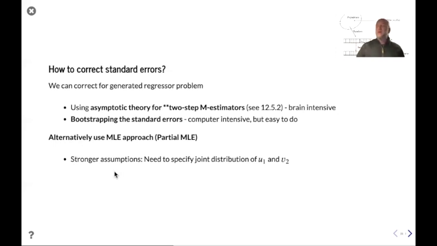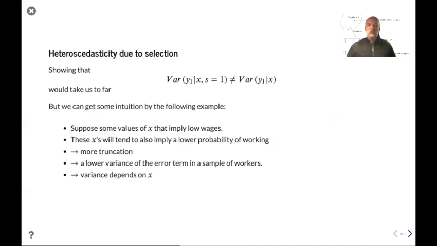But even with partial maximum likelihood, we need to impose stronger assumptions. In particular, it's not enough to just say that the conditional mean is equal to gamma 1 v2. You need to specify the joint distribution of these two random variables to do maximum likelihood. Anyway, we're going to look at it.